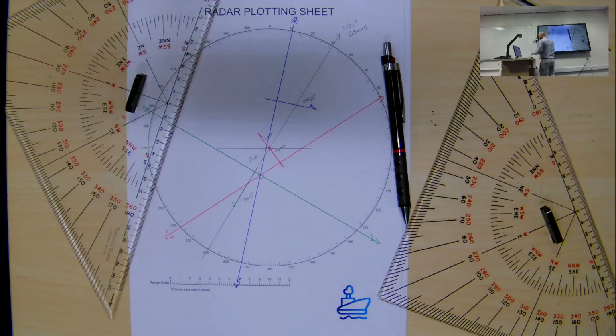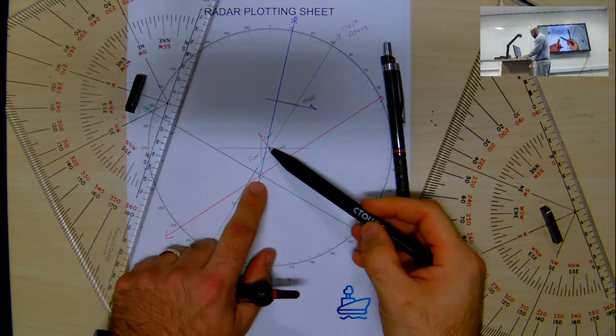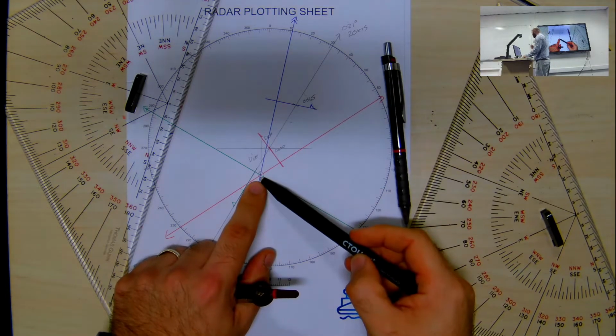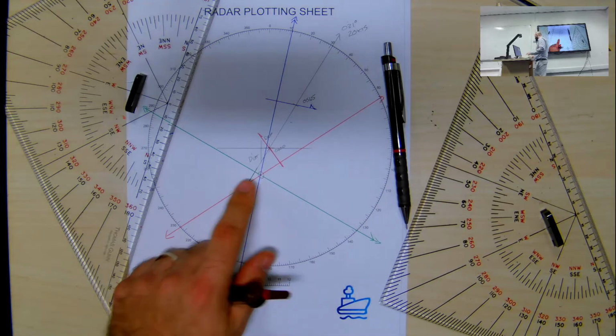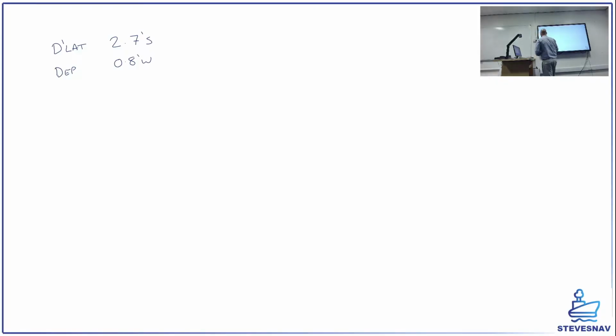And we're saying south and west because that was west and that was south. Simple as that. So, my DR lat was 51 degrees 26 minutes north. My D-lat was 2.7 minutes south.